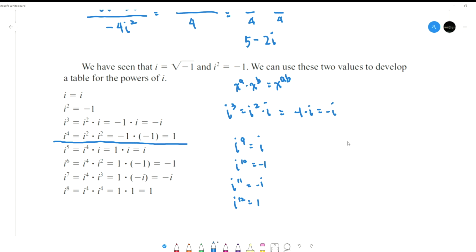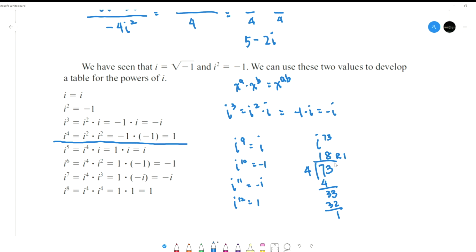So if I were to give you just a quick example here, i to the, let's say, 73rd power. Do you know how I would solve this? You see how it's repeating every 4 times? So I take the exponent 73 and I divide it by the pattern of 4. And if I do that, I get a remainder of 1.